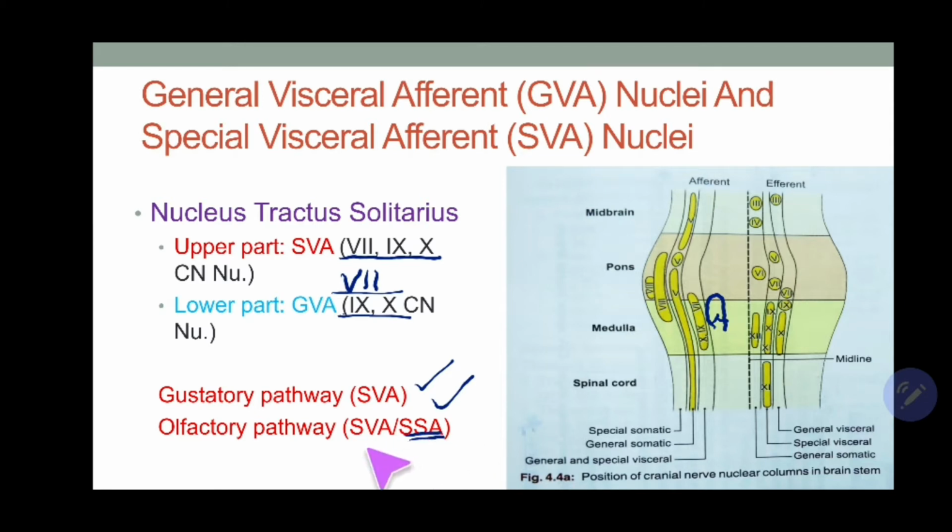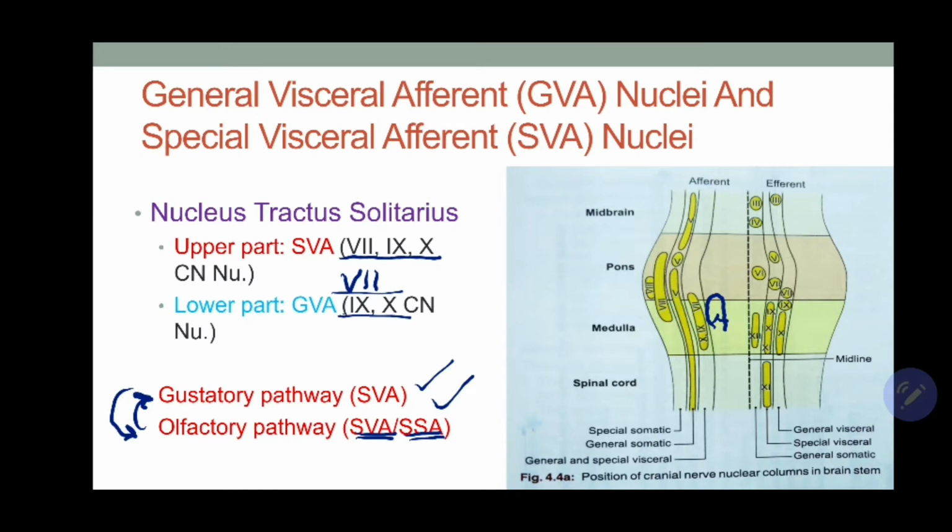But the scientists who advocate for the olfactory pathway to be considered special visceral afferent give this reason: the olfactory pathway is very closely interlinked with the gustatory pathway.